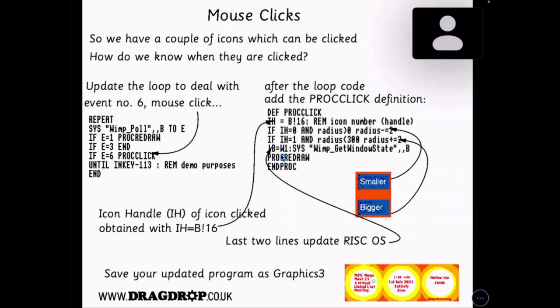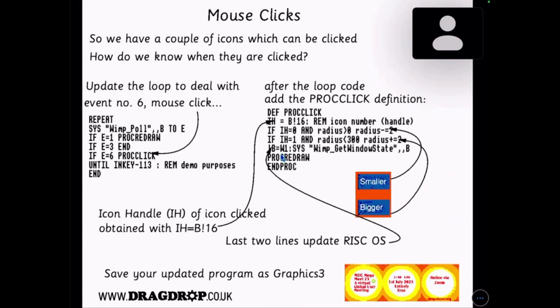Well, strictly speaking, it's the word at 16 bytes on from B, but you don't need to worry too much about that as long as you have that bit of code which says IH equals B pling 16, the exclamation mark, as we call it in RISC, pling. That just gets the icon handle. So once we know that, we can start getting an idea of what we need to do. And just a few moments ago, we said icon number 0, or icon handle, or IH.